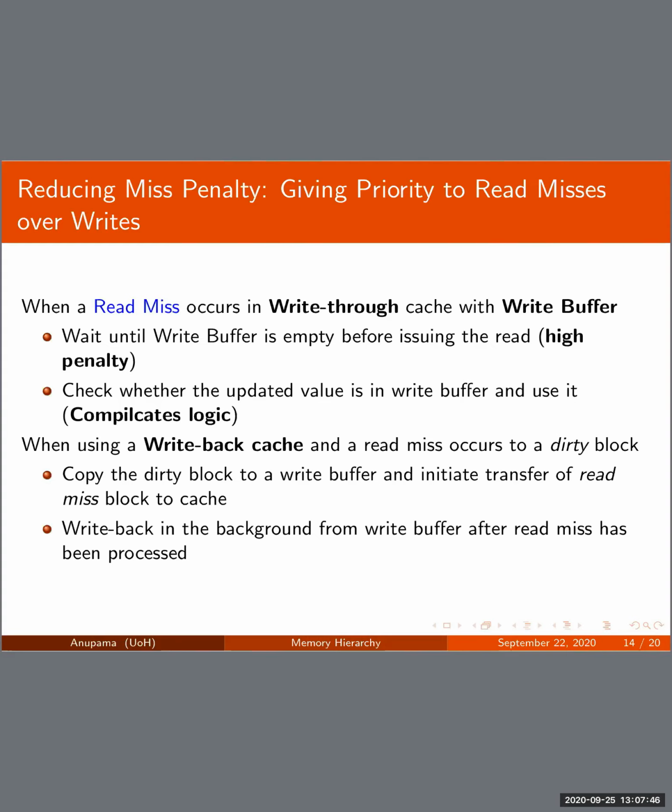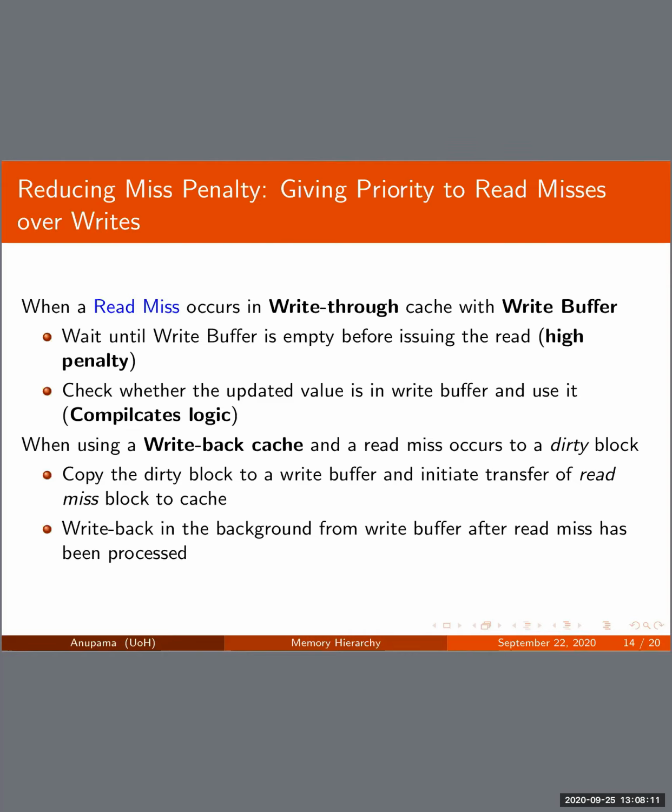You actually need to do one of two things. You have to wait for the write buffer to be empty because you don't know whether the value you're trying to access is part of the write buffer or not. So you wait until the write buffer is empty and then go and issue the read to the main memory.